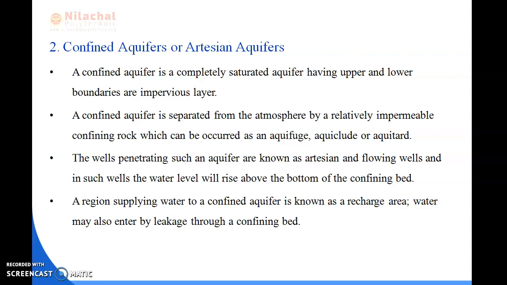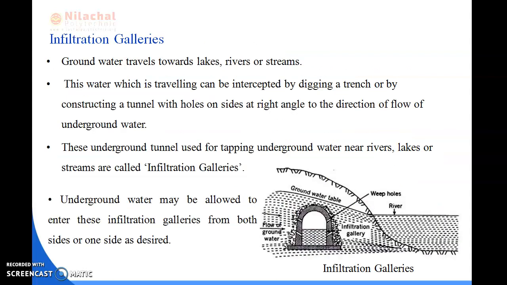through a confining bed. So today we will be discussing infiltration galleries. Here I have shown you the diagram of infiltration galleries. You can see the images of infiltration galleries. In infiltration galleries, groundwater travels towards the lakes, rivers and streams, and this traveling water can be intercepted by digging a trench or by constructing a tunnel with holes on the sides at right angles to the direction of flow of underground water.